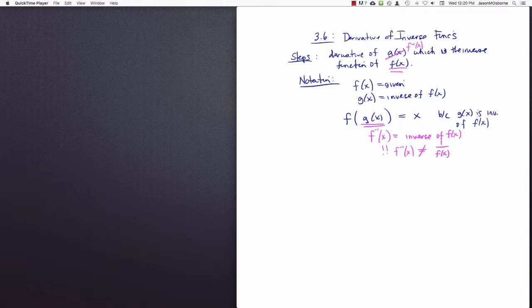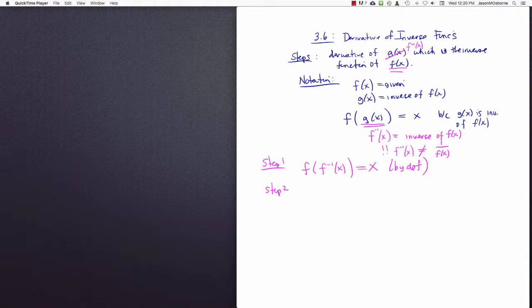So you start with the steps. Step 1 is to write down the inverse notation: f composed with f inverse of x is equal to x, by definition of inverses.